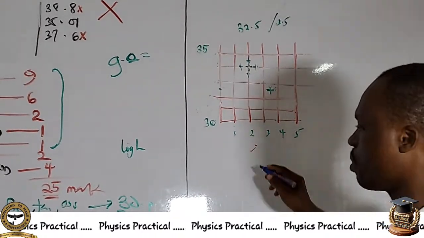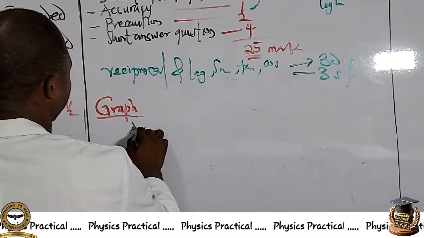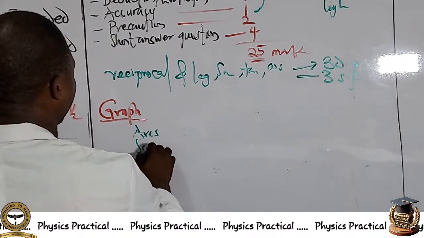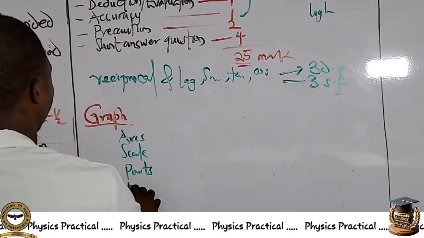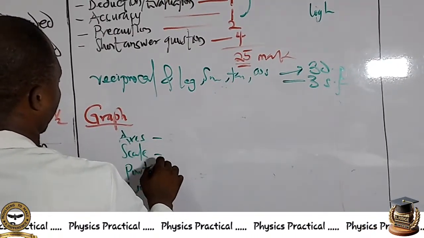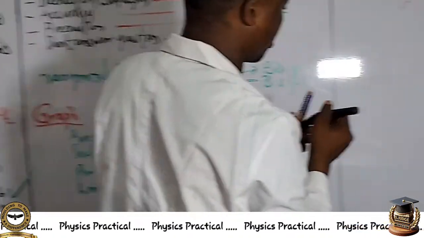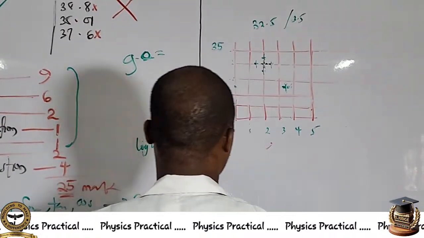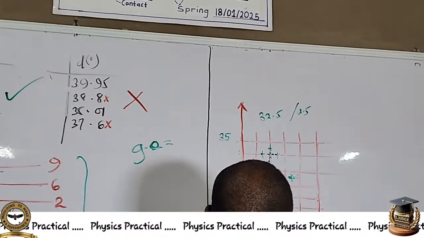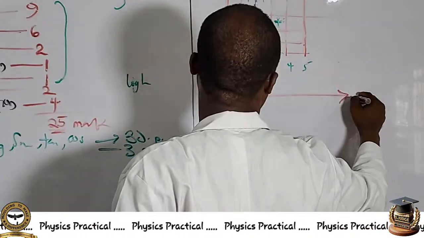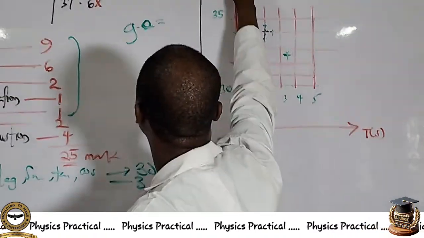Now for you to get your marks on graphs, we always record something like this: axis distinguished, scale, the points, and line of best fit. Axis distinguished: if we have distinguished on both axes, let's say on this axis I have marked this place as my time, period in seconds, and my length in centimeters.